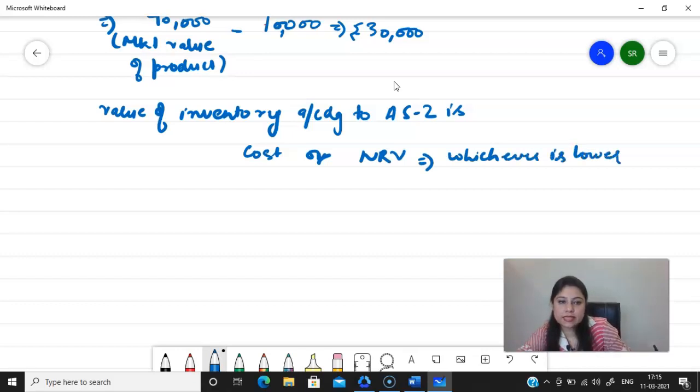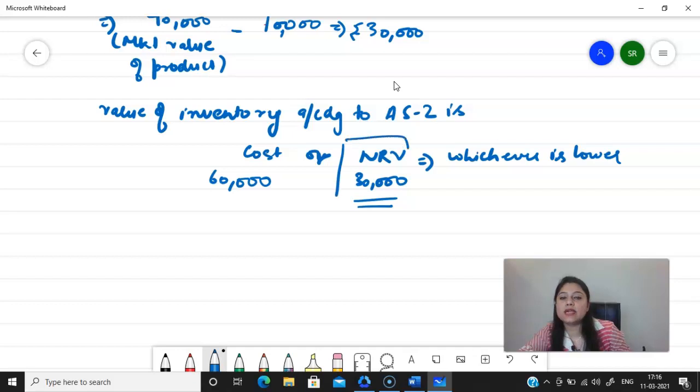So here, as we can see, the cost of that particular product is 60,000, and still the product is obsolete for the business. However, after making the modification, we can use such product as a byproduct, and the net realizable value of such product will amount to 30,000. So this particular value will be declared in the books of account for that product, which is the stock, basically, which will be amounted in the books of P Limited.